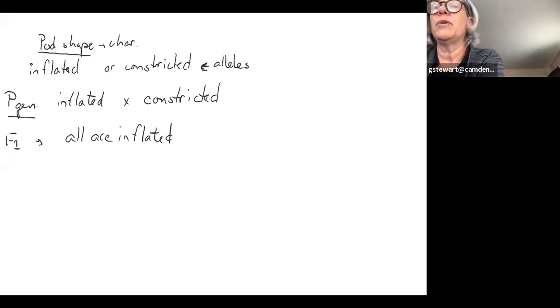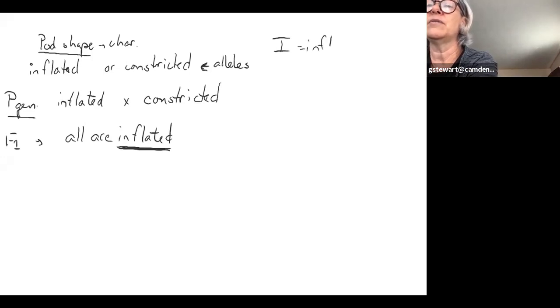Okay, so did you pick, they're all inflated, so that means inflated is the dominant allele. So I would pick capital I for inflated. In the beginning, when I'm first doing a Punnett square with new characteristics that I don't know very well, I write capital I blank is inflated, and two lowercase i's is going to equal constricted.